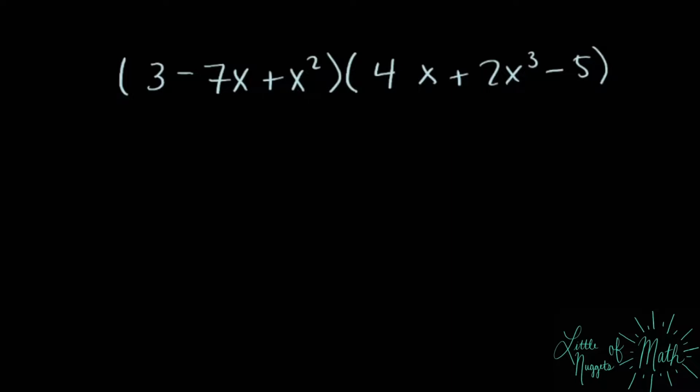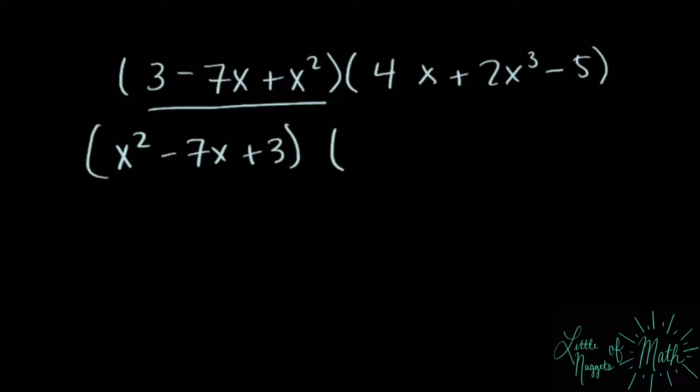In this example, we see that all the exponents are jumbled up. So let's start by reorganizing them first to make our answers a little simpler. So we want to take the largest degree and put it on the left. So for the first expression, we'll do x squared minus 7x plus 3.